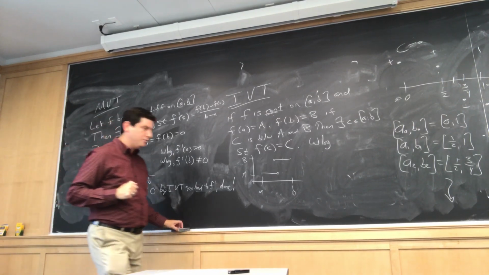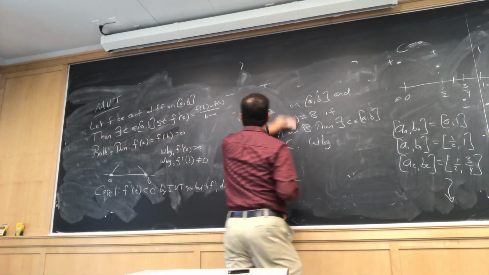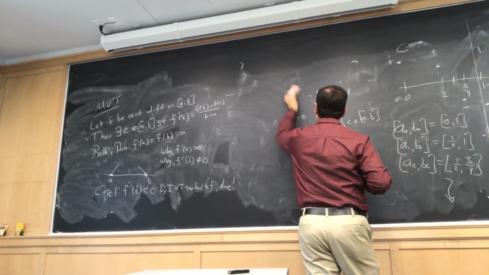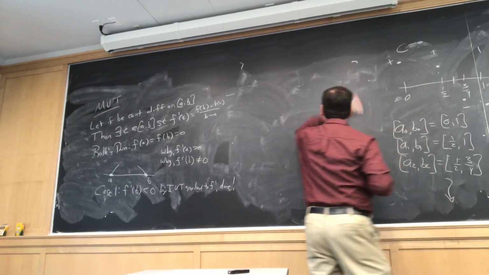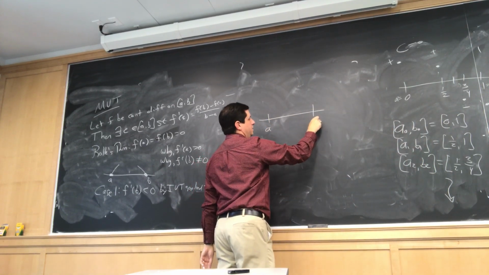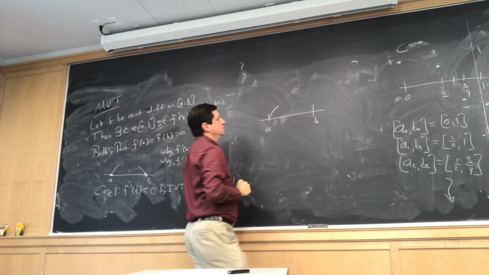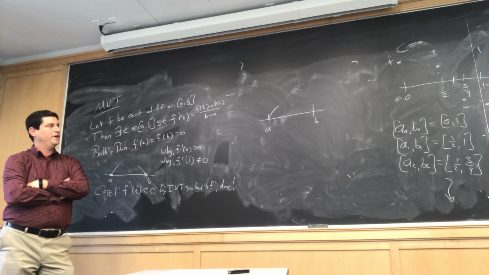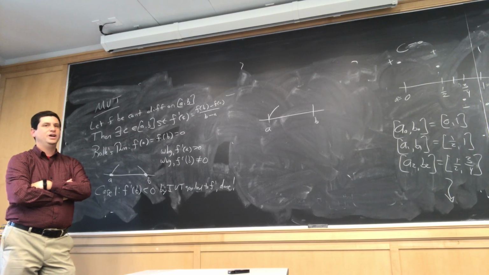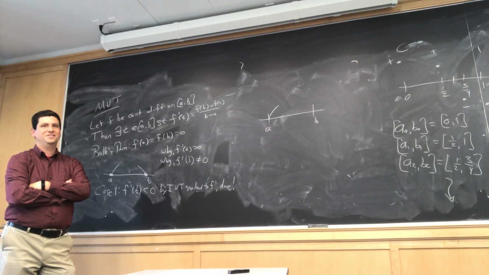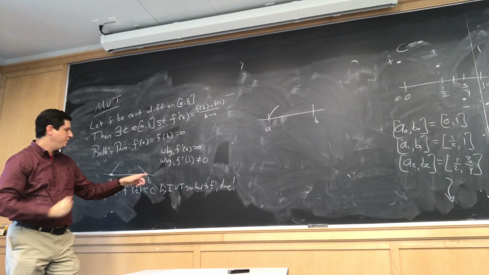So now we have to handle the case when f prime of a is positive and f prime of b is positive. So here's a, here's b. Now, what does it mean for f prime of b to be positive? What's the plot going to look like near b? So over here, I drew it.